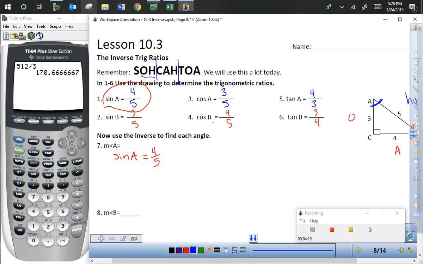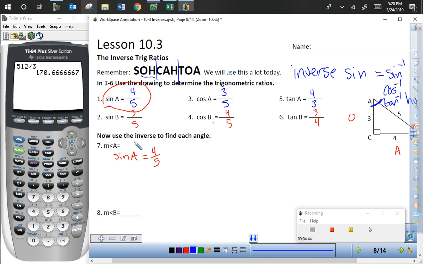That is the inverse sine. So inverse sine is just sine with a -1. Same thing goes with inverse cosine and inverse tangent. They cancel out the sine. They get rid of it.